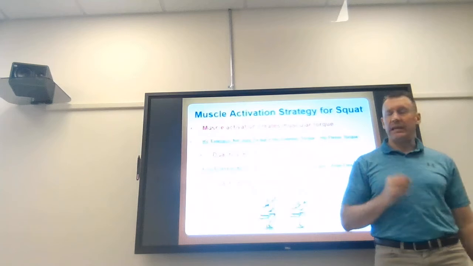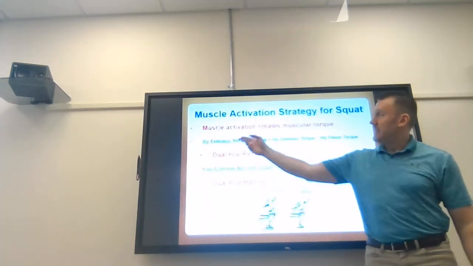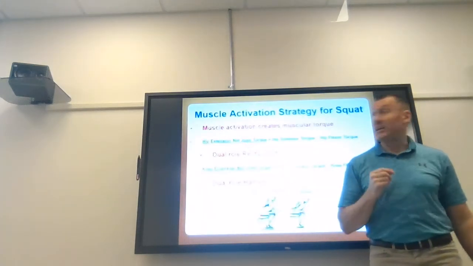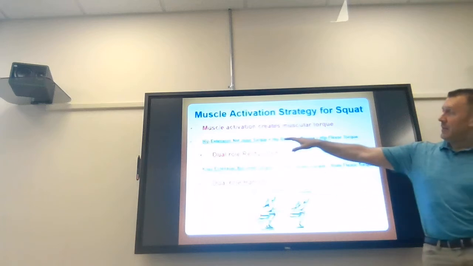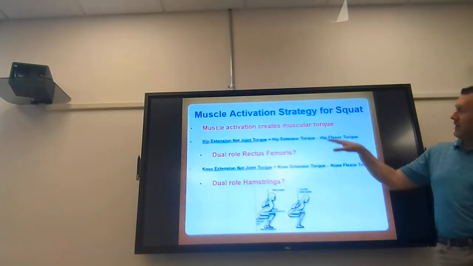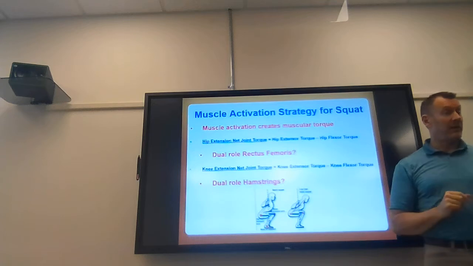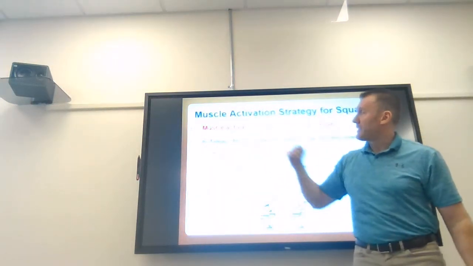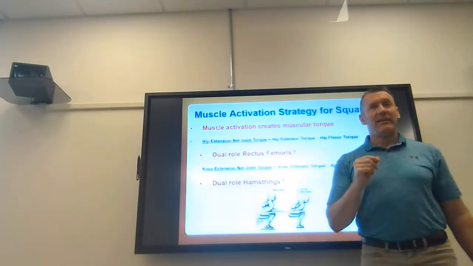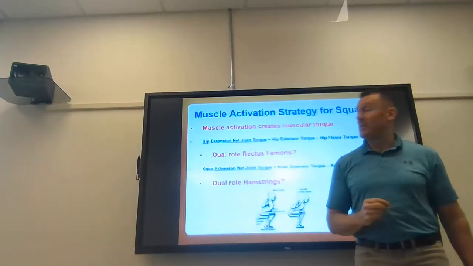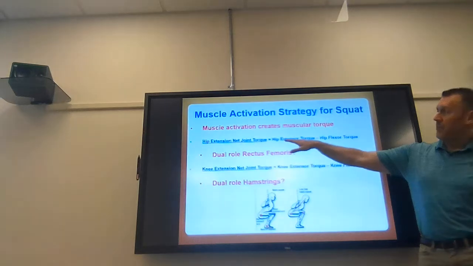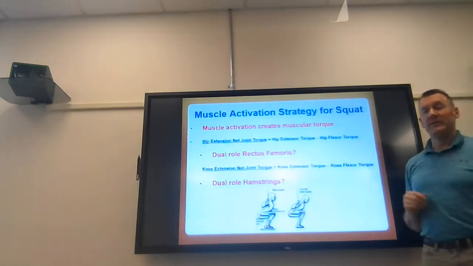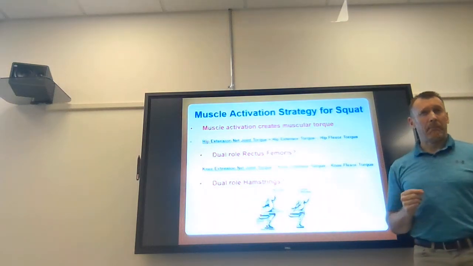So we have two things that go into this. The net torque at the hips is dependent on the hip extensor torque minus the hip flexor torque. So in order to have a positive extensor torque at the hips, we have to have more extensor than we do flexor. Does that make sense?